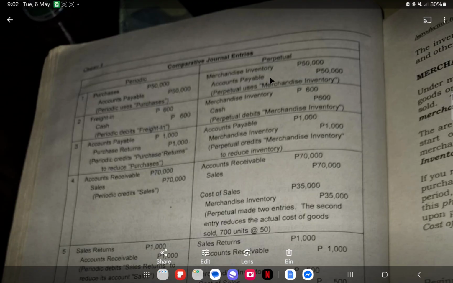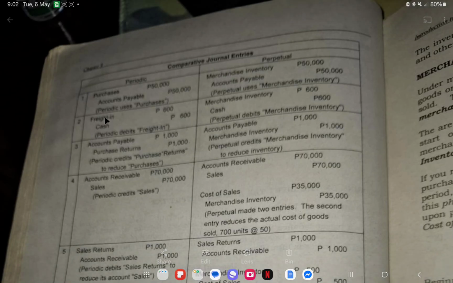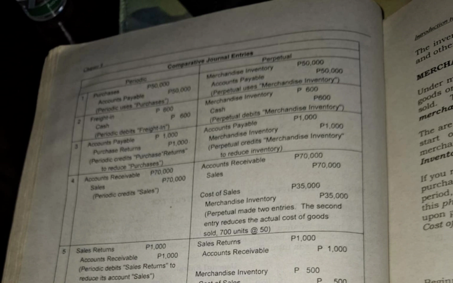The debit is freight in since you are ordering items with shipping fee already, so the shipping fee you pay is included in the cost of the item. So debit freight in 600 pesos, credit cash 600 pesos, to record the payment of freight.